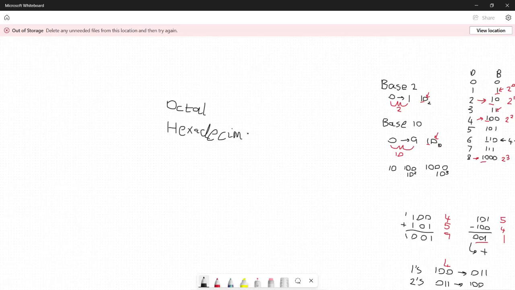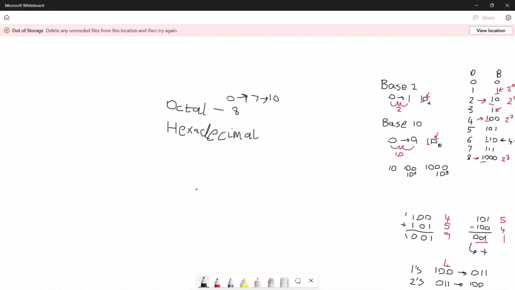Sorry, I write very slowly. Octal is base 8. That means it goes from 0 to 7, and then we start the count again.